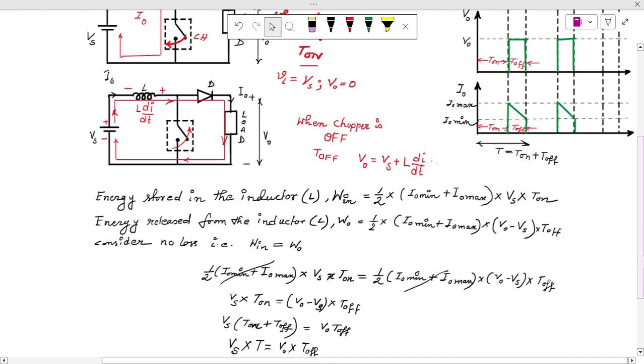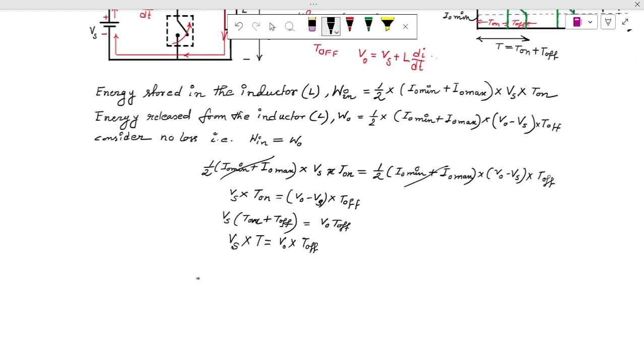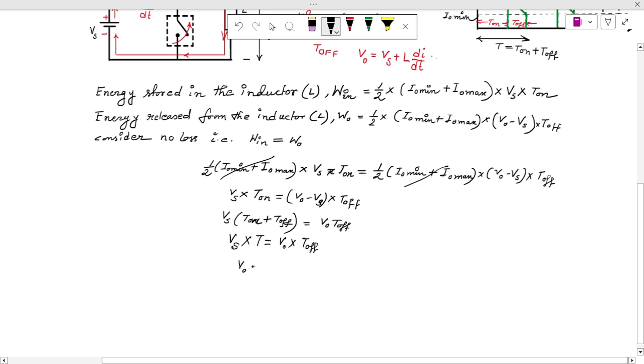So what we have to do now? We can easily calculate V naught equal to Vs into T by T off. So this is our formula.